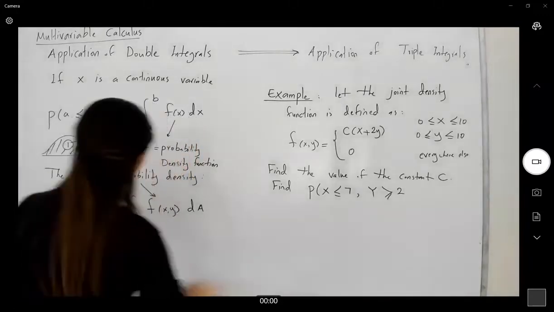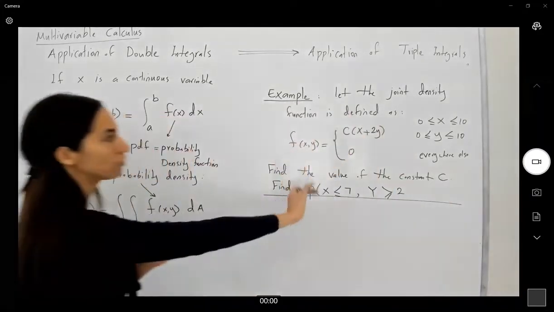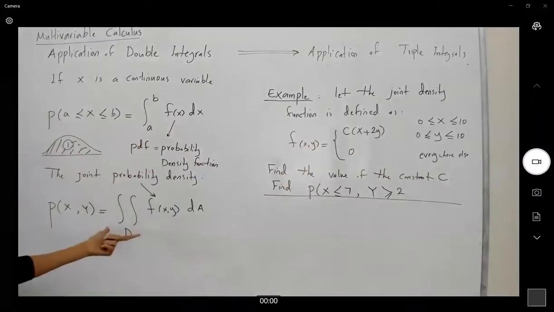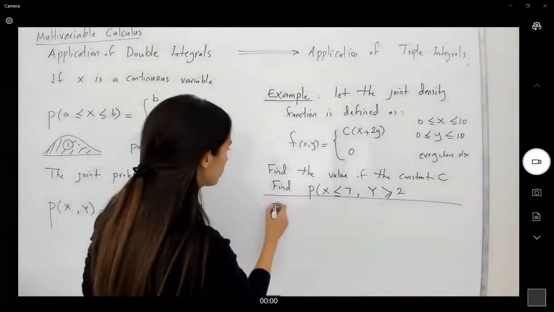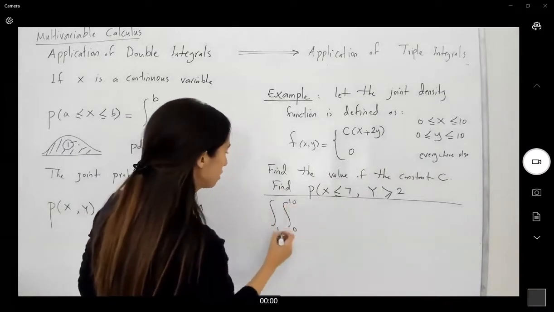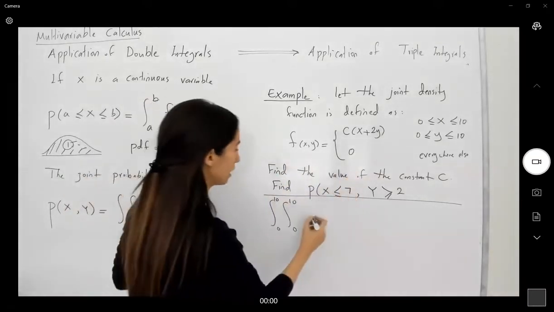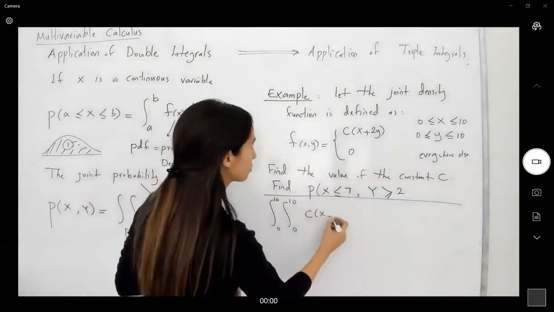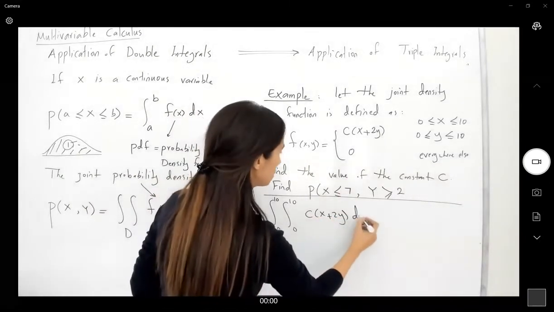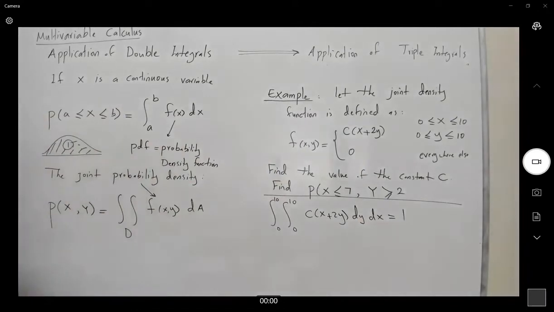Okay, let us solve it together. We have a double integral and the area below the graph must be equal to 1. So if you take the double integral from 0 to 10, 0 to 10, the order is not very important, of c times x plus 2y dy dx, it must be equal to 1 because the area below the density function must be 1.